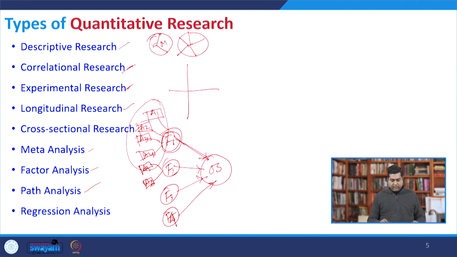These are nothing but the paths, and we form hypotheses that this is probably influencing positively, this is influencing negatively, and then we estimate the path coefficients through the partial least square method, or through structural equation modeling.